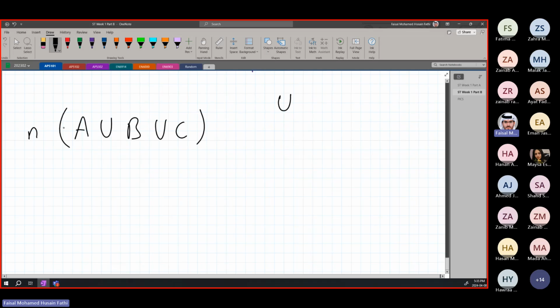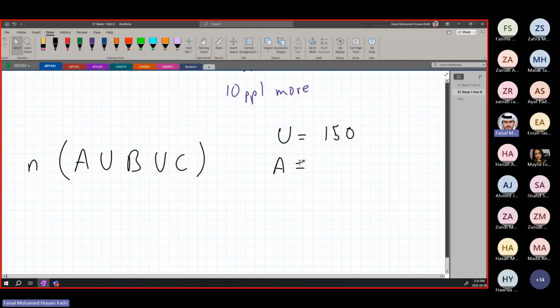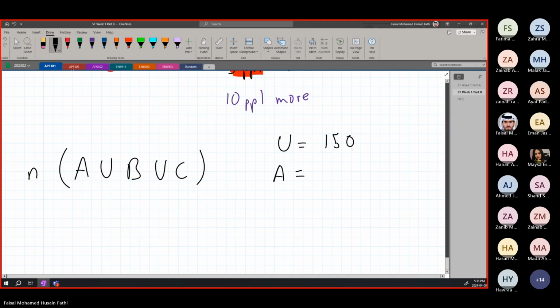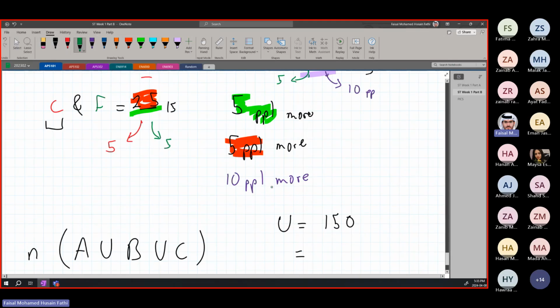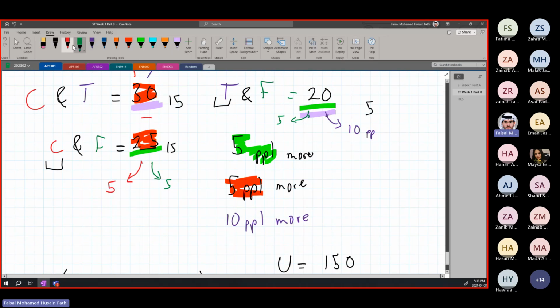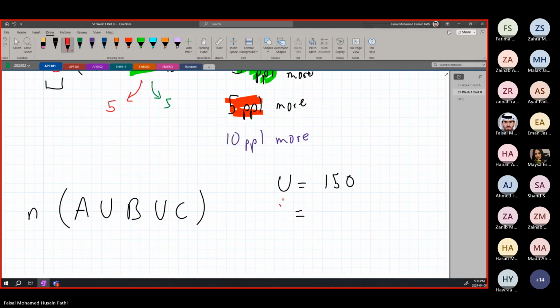So we know that U is going to be equal to 150 students. Let's just name them as they were. Let's call this C. We started with C. Then C is the number of students that like cricket.